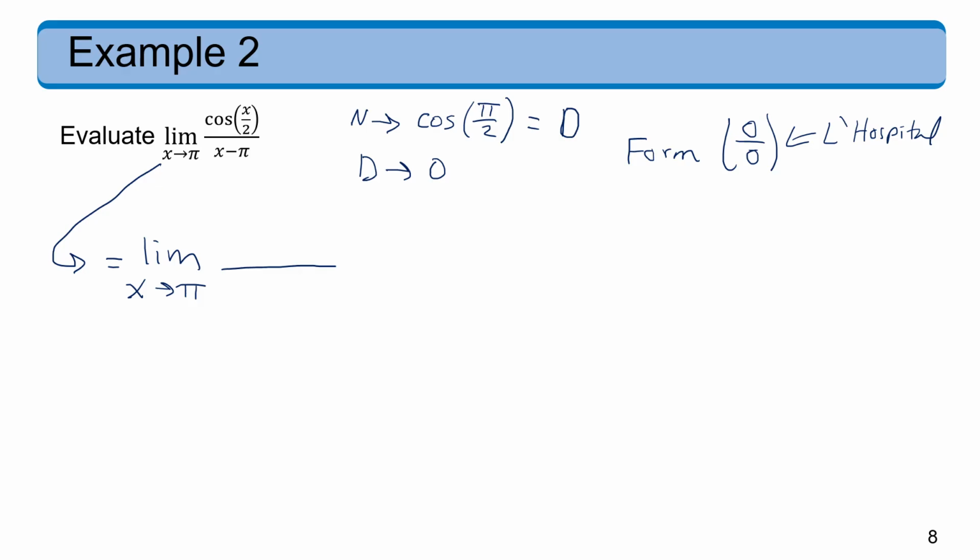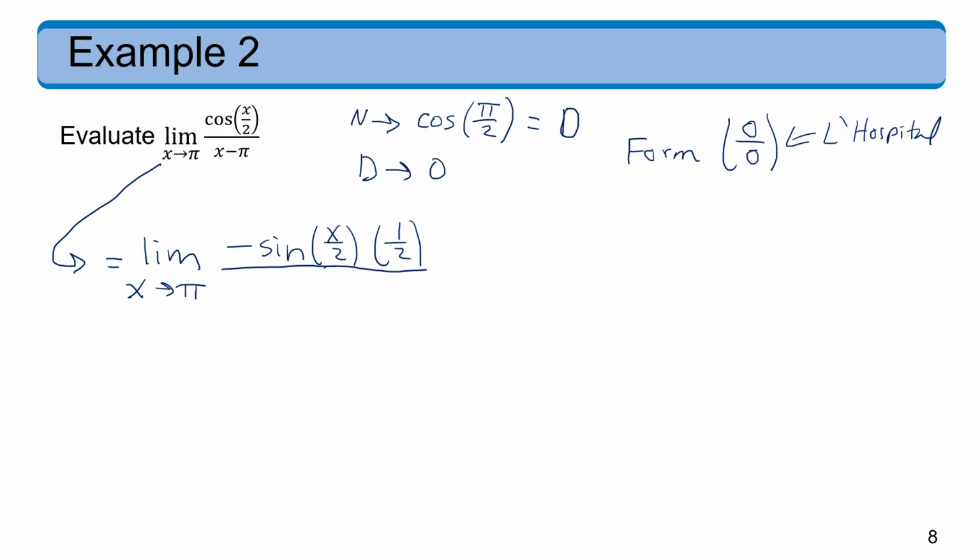The outer function is cosine, and the derivative of cosine is negative sine. You keep the inside part the same, x over 2. Then we multiply by the derivative of the inside part. The derivative of x over 2 is 1/2. Okay, that's the derivative of the numerator.